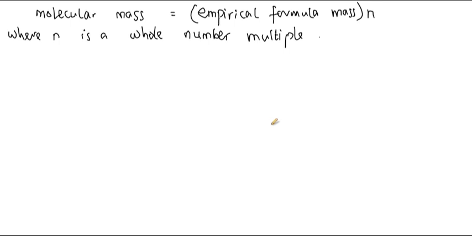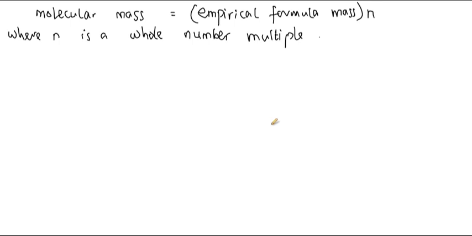The molecular formula comprises a multiple of the empirical formula, in the sense that it can comprise one, twice, or thrice the empirical formula. At least the empirical formula is a unit of the molecular formula. This makes the molecular mass a multiple of the empirical formula mass as well.